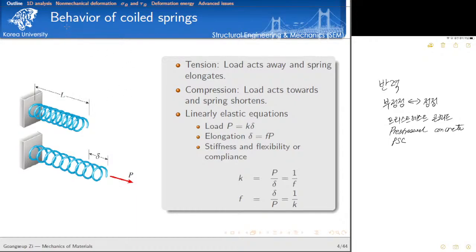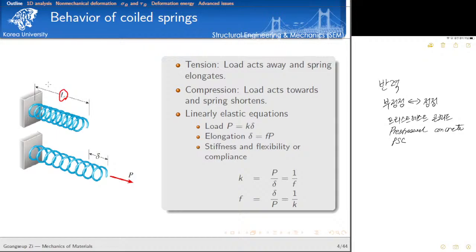Okay, so let's consider the simplest one-dimensional problem, a spring. Say I have a spring whose length is measured by capital L, and the left-hand side is fixed. At this moment let's forget about any coordinate system. In the first section, I emphasized several times that we have to introduce a coordinate system before any analysis.